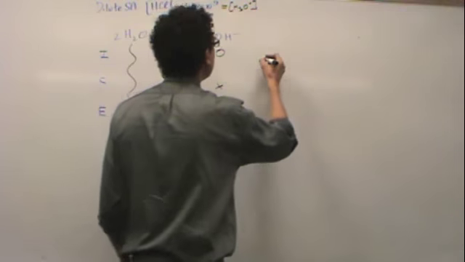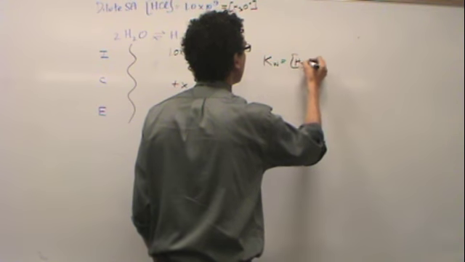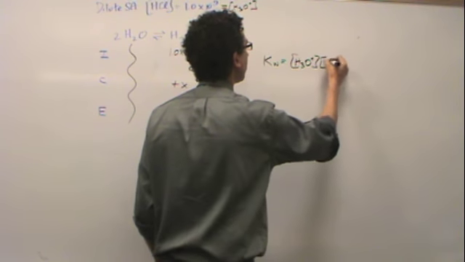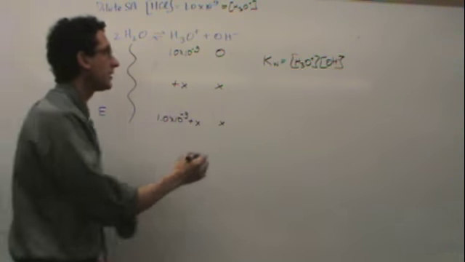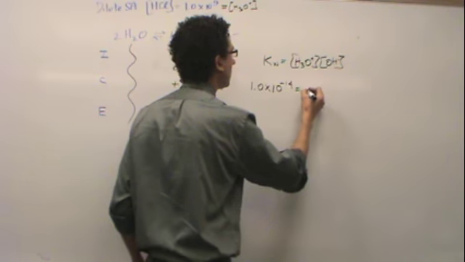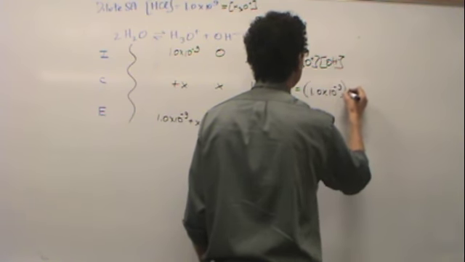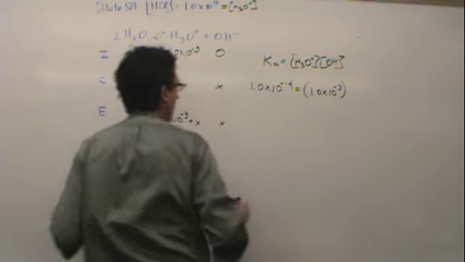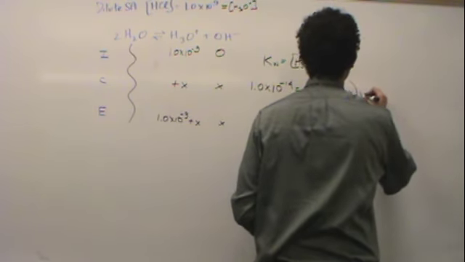Then you say, well, Kw is, and this formula will be given on the back of the test. Plug in: 1.0 times 10 to the minus 14 equals 1.0 times 10 to the minus 9 plus x, times x.